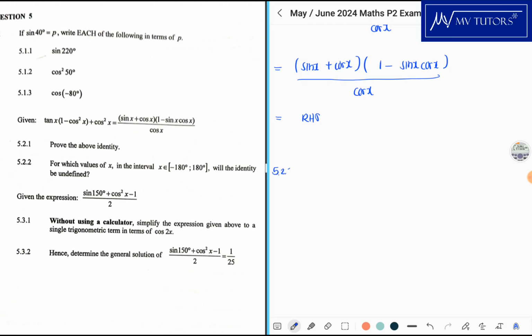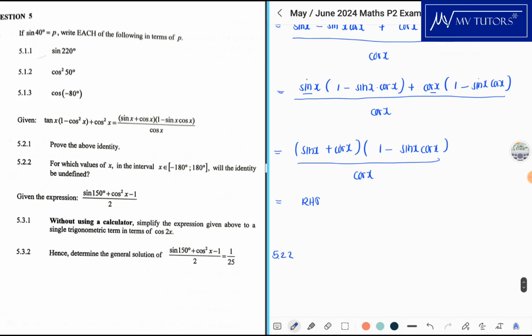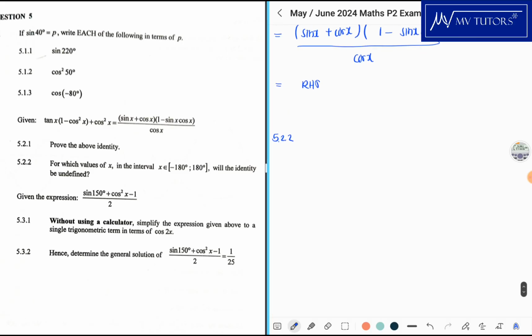Now 5.2.2, for which values of x in the interval minus 180 and positive 180 will the identity be undefined? So if the identity is undefined, basically it's when your denominator cos x is equal to 0.